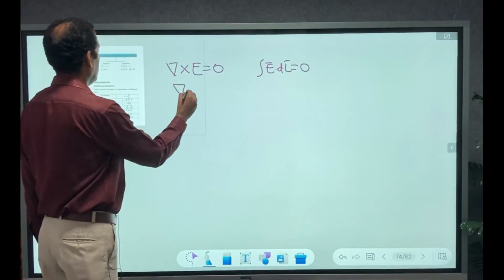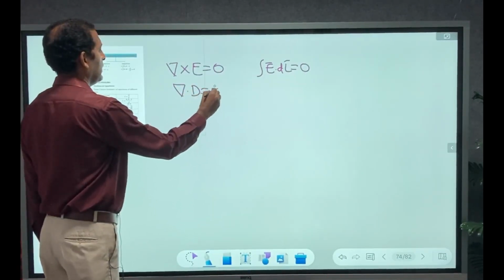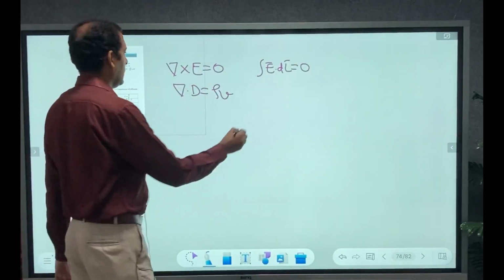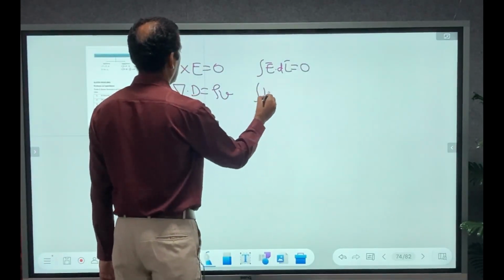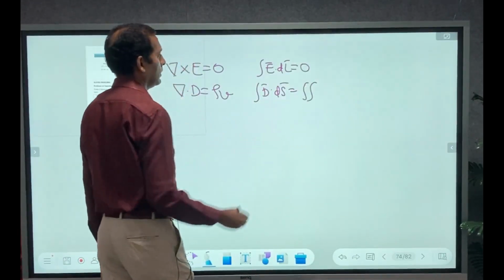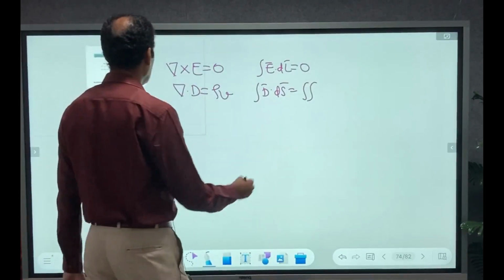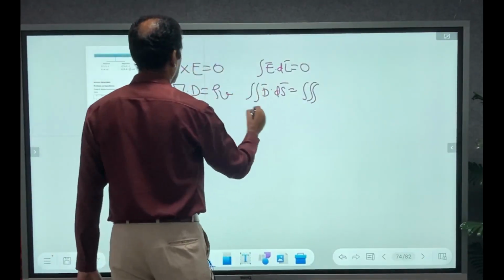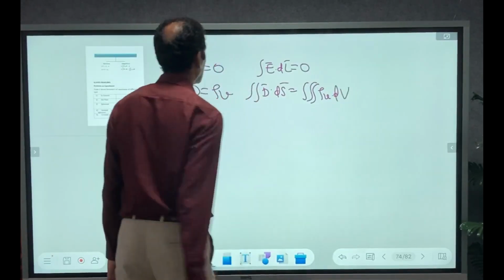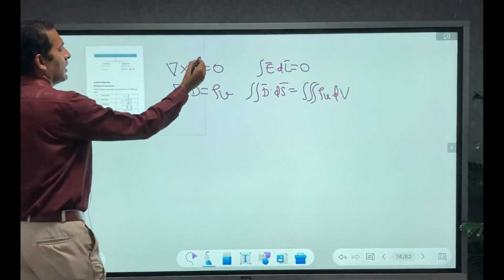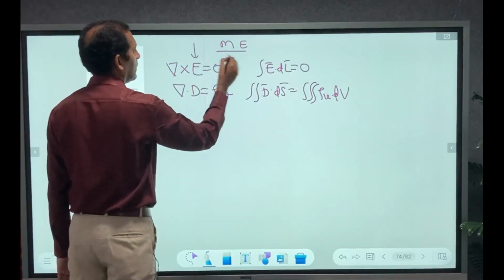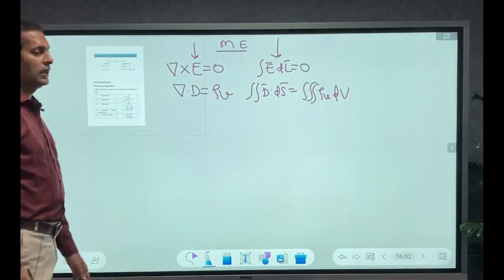Then the second, in point form, del dot D is equal to rho v, and in integral form, D bar dot ds bar, from Gauss law, is equal to the volume integral of rho v dv. So these are Maxwell's equations, one in point form and another in integral form.